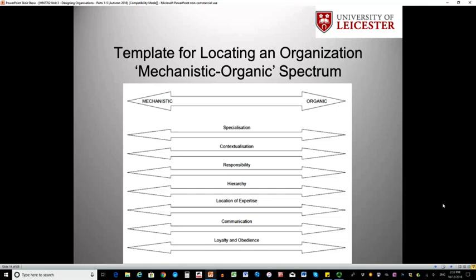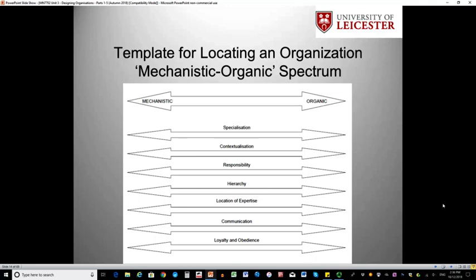And actually, if you go through the different dimensions that I've just been talking about, what you find is that some organisations might be mechanistic, or more mechanistic, on some of these dimensions, and also more organic on some of these. So actually a particular organisation, and Hewlett-Packard would be a good example, when you went down this list of different features, would include some dimensions where they were more towards the organic end, for example around loyalty and obedience and around communication.